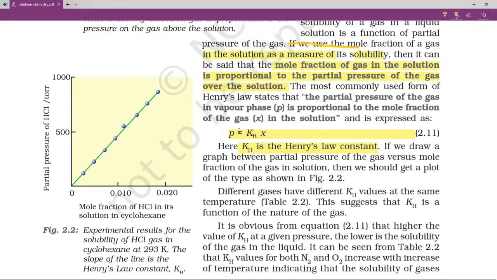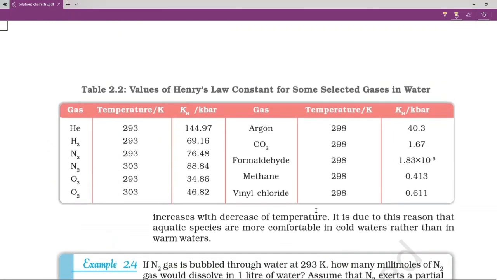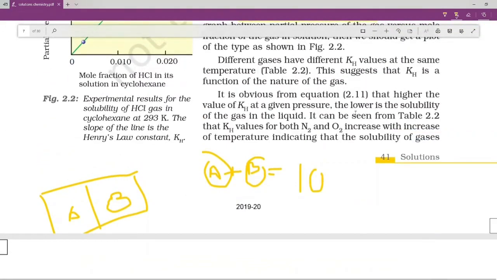If we consider this equation P is equal to KHX, then at a given P, if we increase the X value then KH will decrease, and if we decrease the X value then KH value will increase. Means indirectly it is saying that if the KH value, that is the Henry's law constant, is higher, then obviously the X value will be less. That is what he has written here. The higher the value of KH at a given pressure, the lower is the solubility of that gas in the liquid.